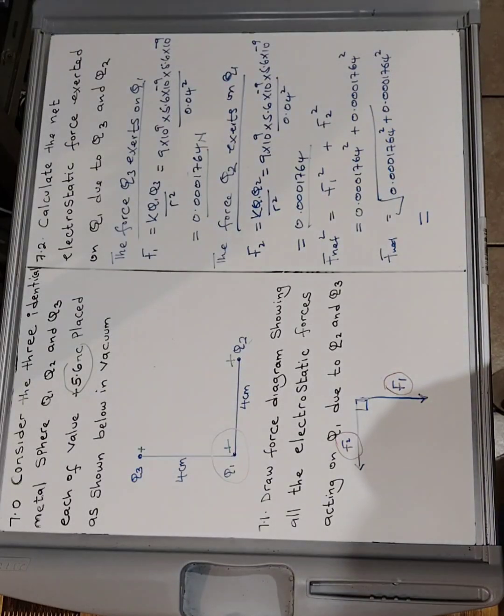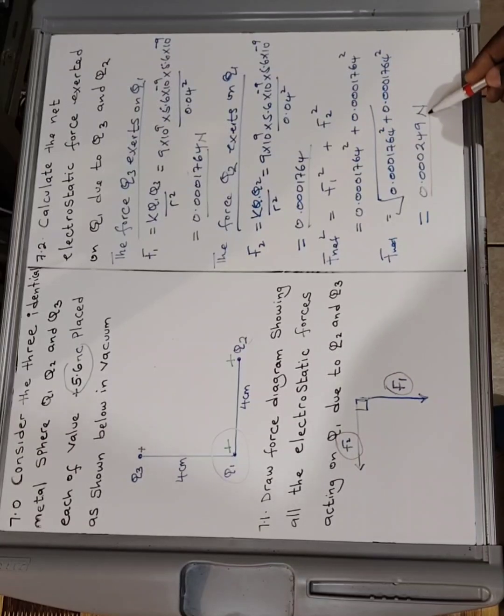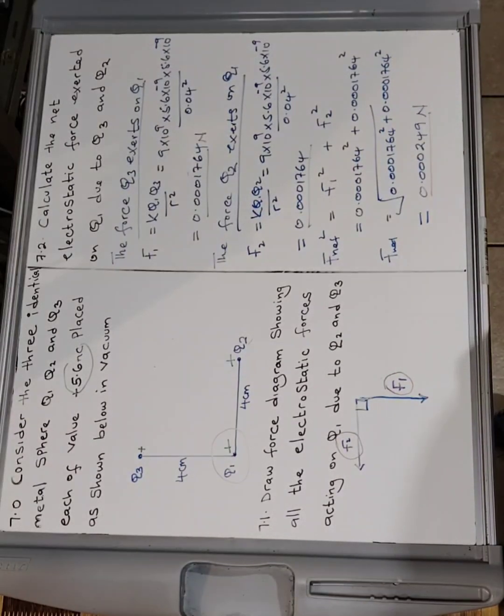Let's try to get it and you see what we have. This is what we get after substitution and after finding the square root. It's going to be 0.00249 newtons. That happens to be our net force.